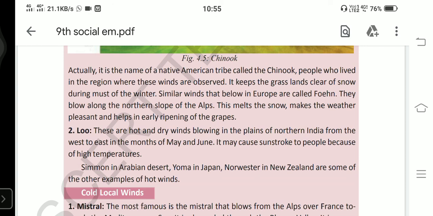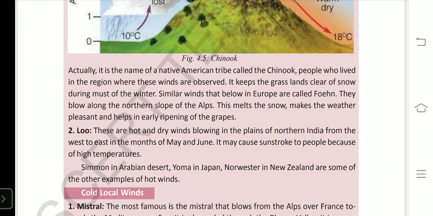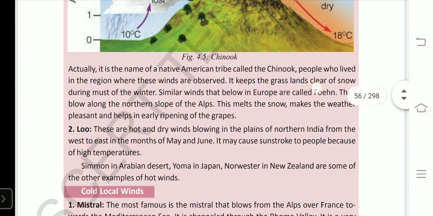So there a low pressure belt forms, right? From the western part of India to the eastern part of India, hot winds blow across the northern plains. That increases the high temperatures already prevailing in the northern plains in May and June.